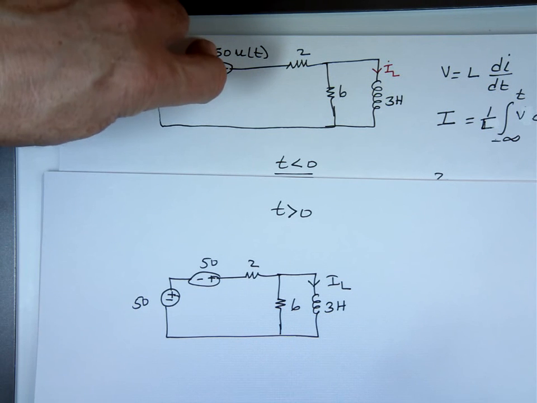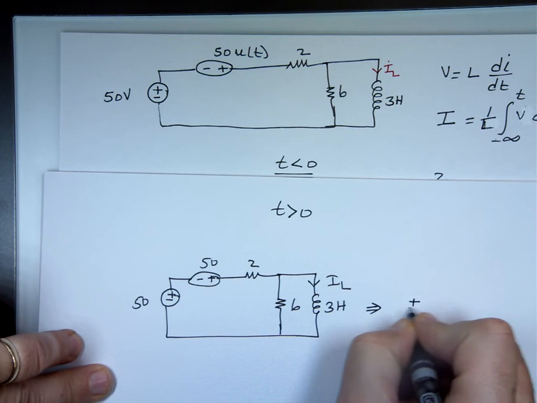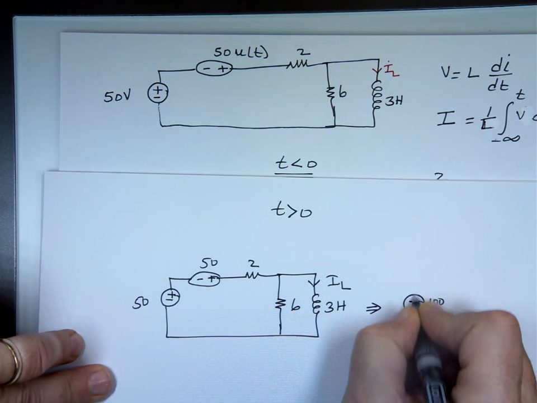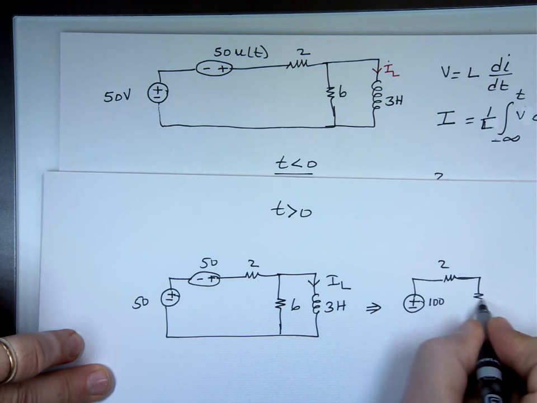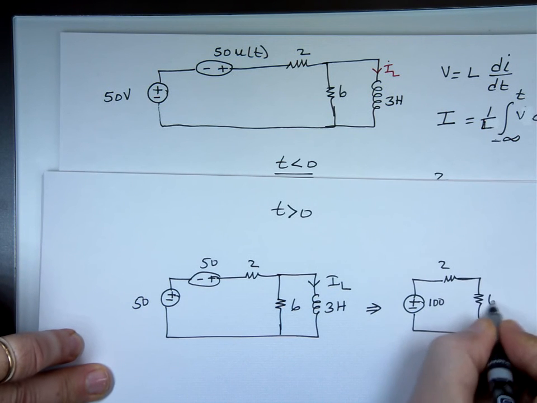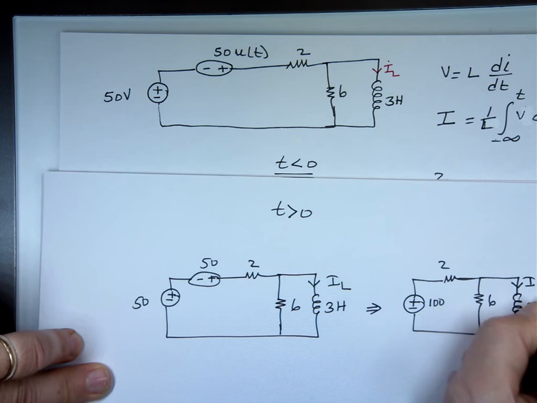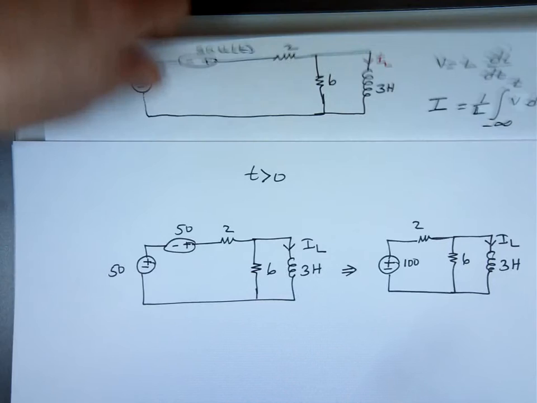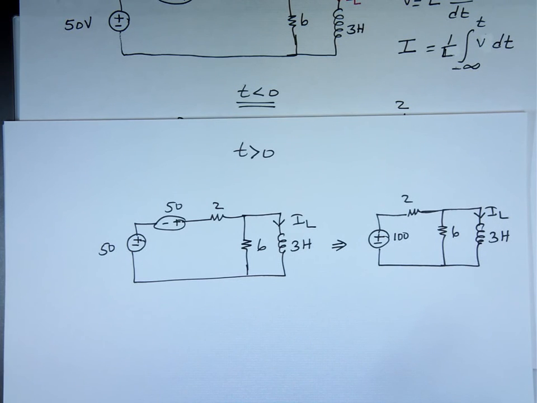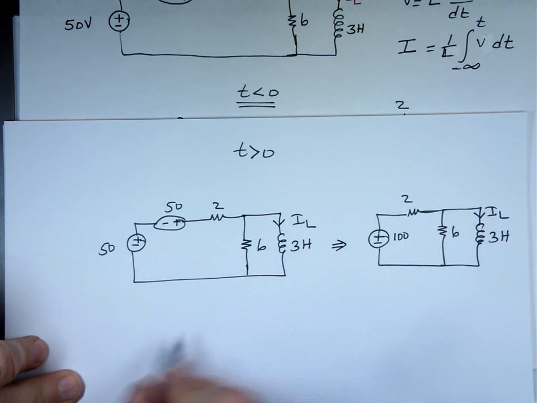I can combine them together and make it 100. I can do source transformation. 100 divided by 2, which is what? 50.